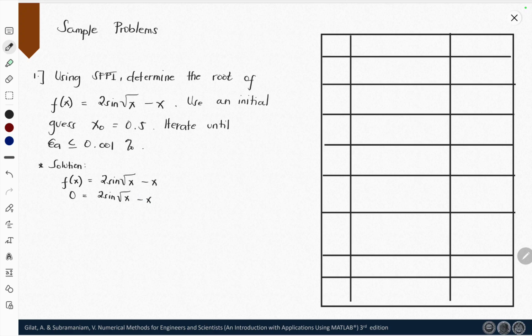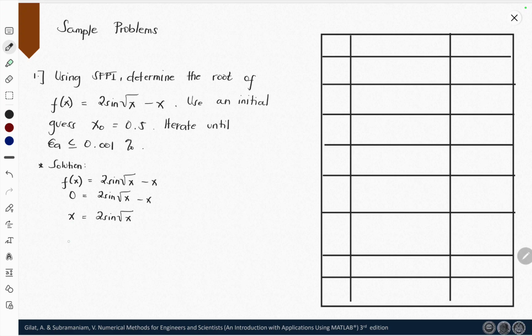Then you transpose the variable x. After that, you put the subscripts i plus 1 and i.